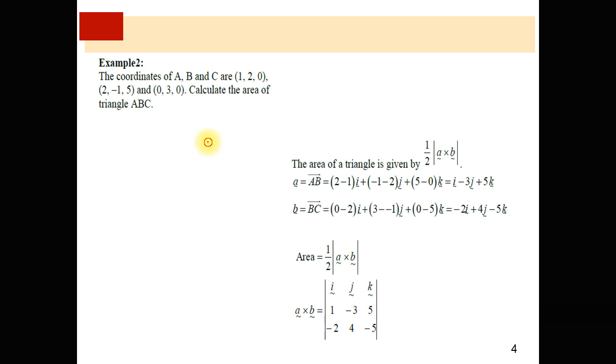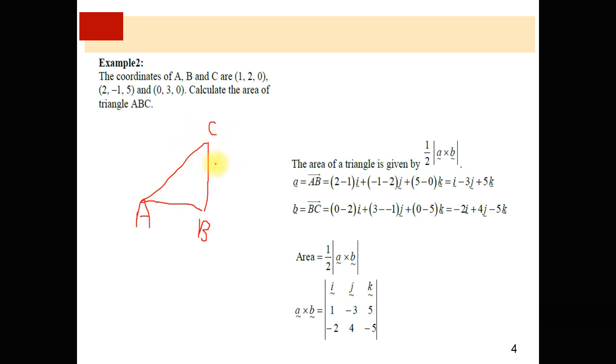You see over here, this is a triangle defined by the points A, B and C. Suppose this is point A, this is point B, and this is point C. We obtain a triangle determined by the points A, B, C.